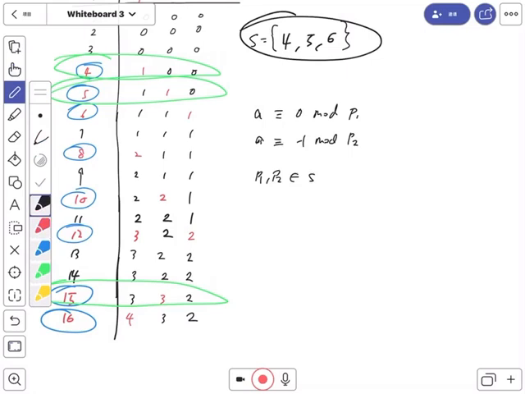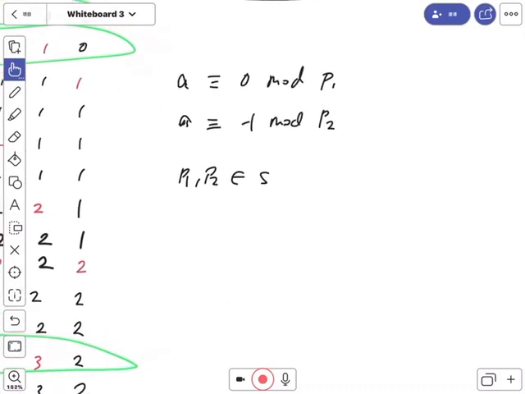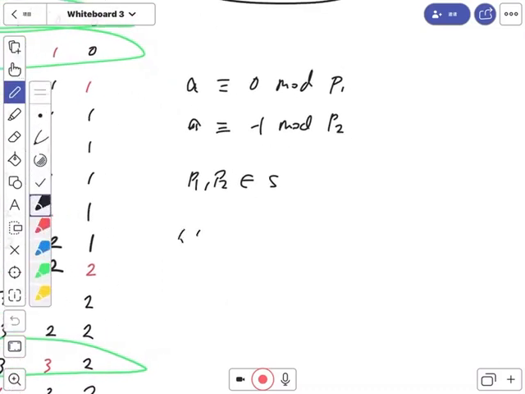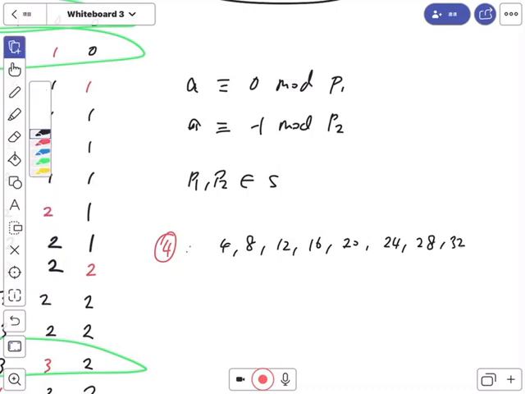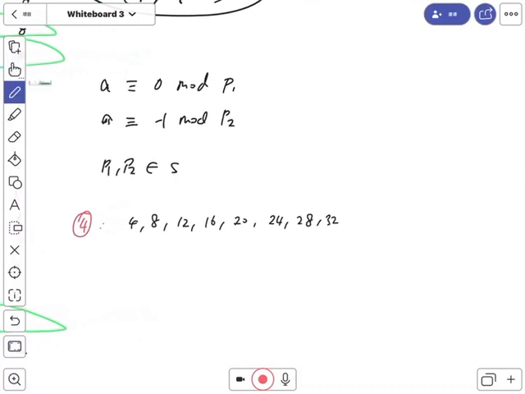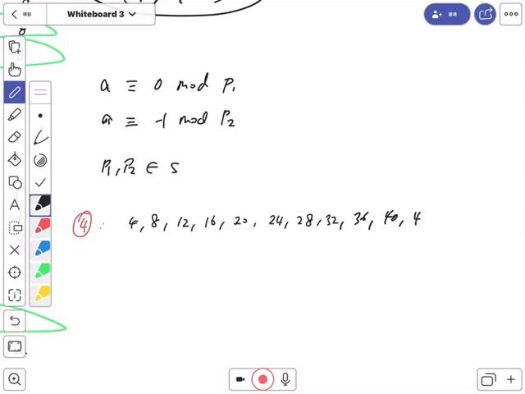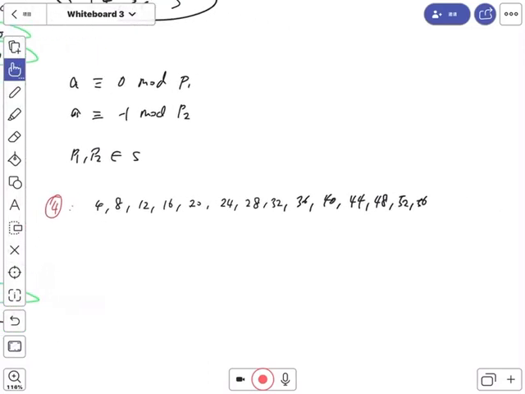So what are the multiples of 4 between 1 and 60? 4, 8, 12, 16, 20, 24, 28, 32, 36, 40, 44, 48, 52, 56, and we also have 60.